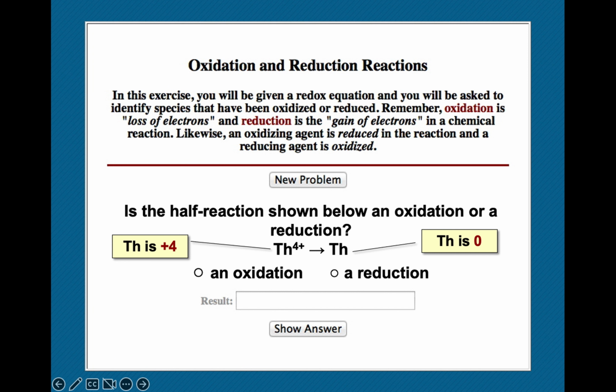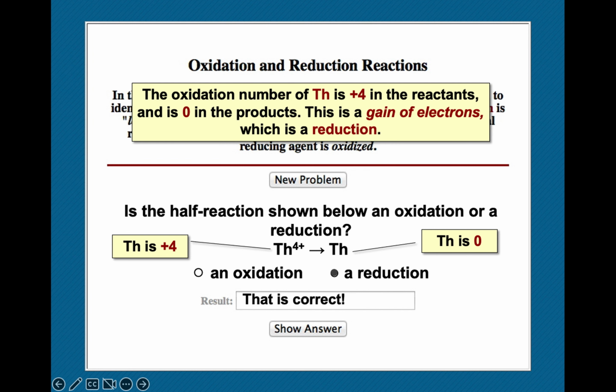We've gone from plus 4 to 0. To do that, you had to gain 4 electrons. It's a reduction. Any question?